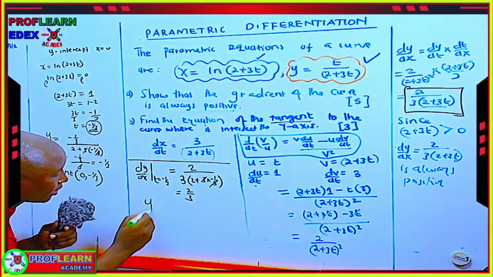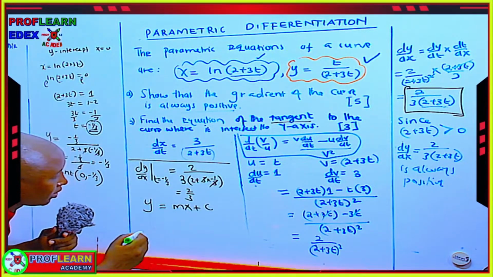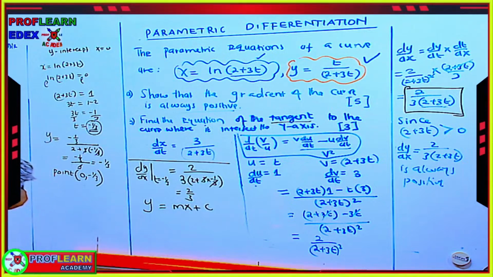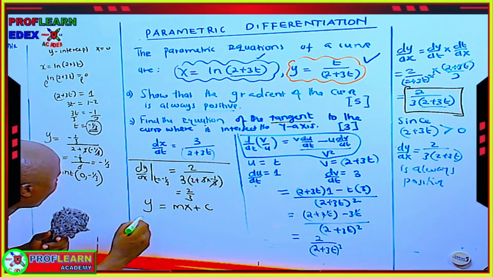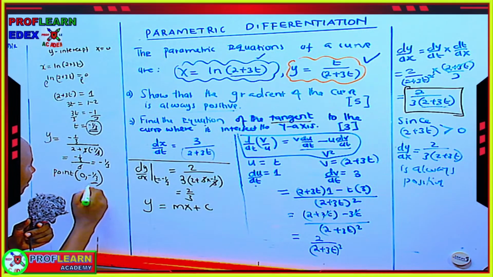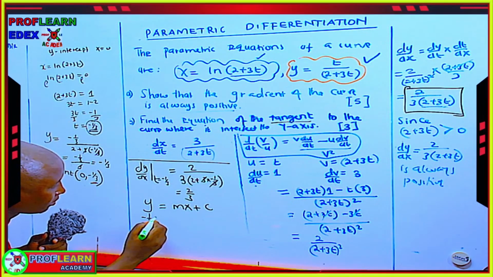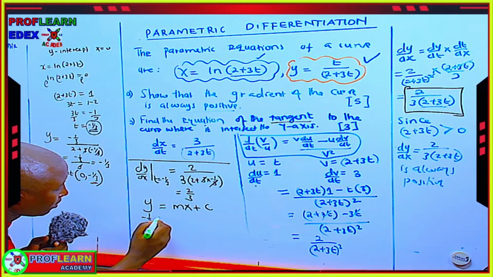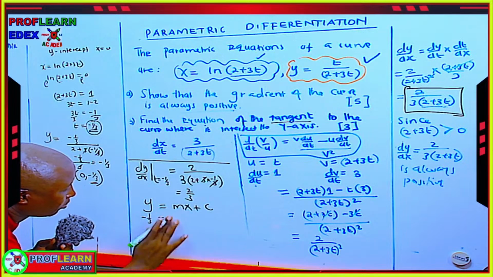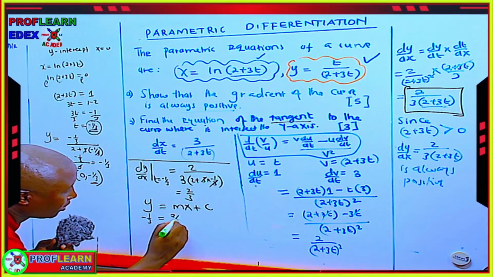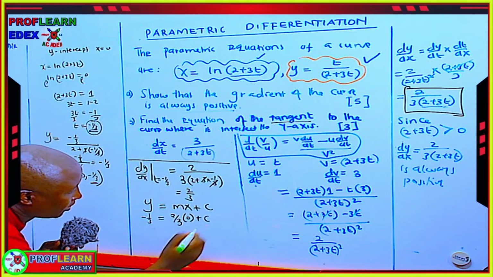Then we know that the equation of a straight line is y equals mx plus c. So meaning that we're able to find the y-intercept. So we are going to say y, we had gotten it as 1 over 3, is equal to the gradient, and the gradient is 2 over 3, times the value of x, which is 0, plus c.